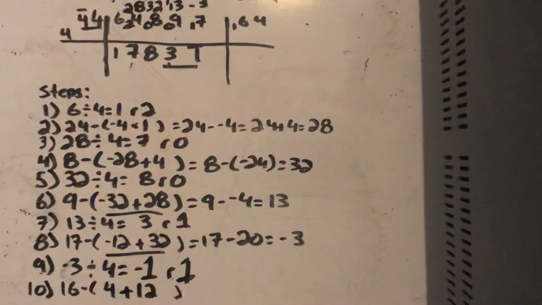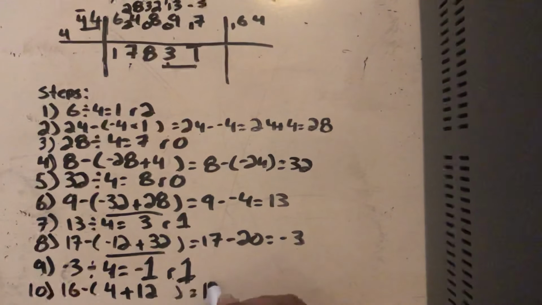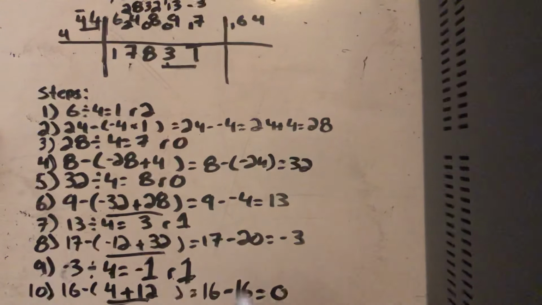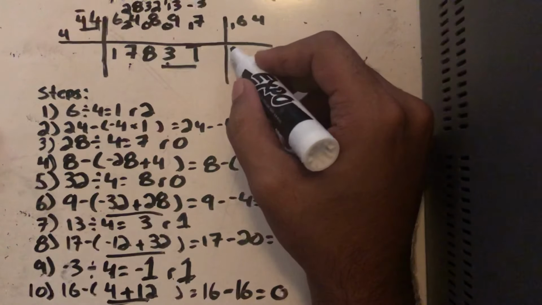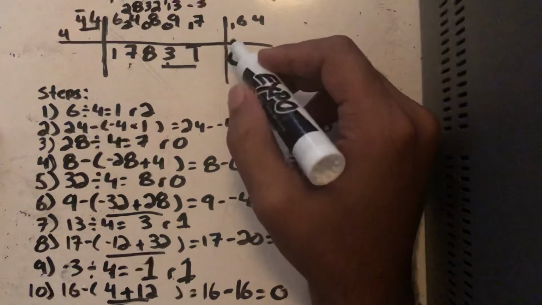So I end up getting 16 minus, what's 4 plus 12? 16, that's just 0. So that means I'm bringing down the 0. I'm not going to see how many times it goes into, and I have one more step to go.